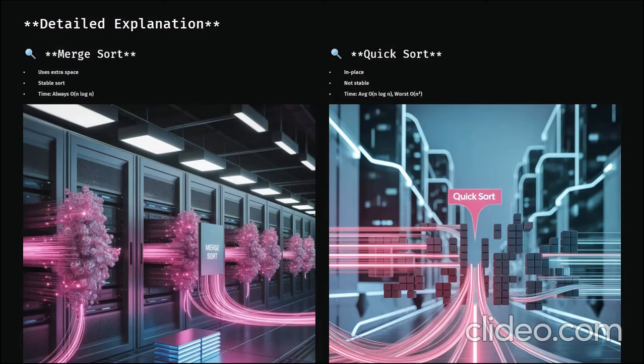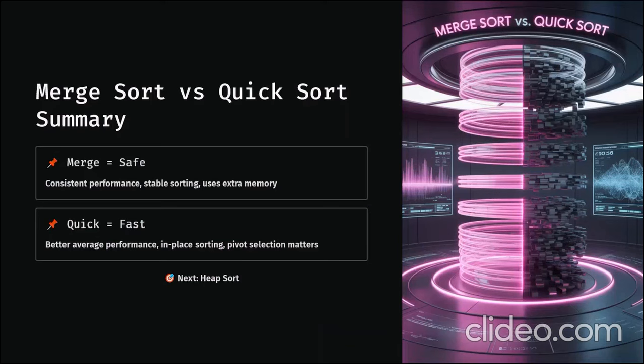Quick sort is in place, not stable, time complexity average of O(n log n), worst is O(n²). So merge sort: safe, consistent performance, stable sorting, uses extra memory. While quick sort is fast, better average performance, in place sorting, pivot selection matters.